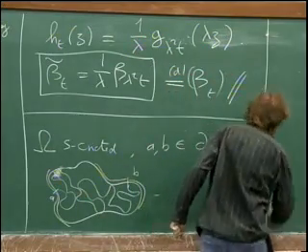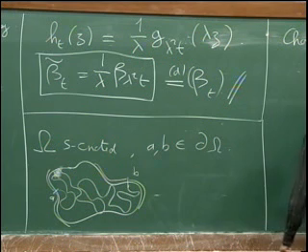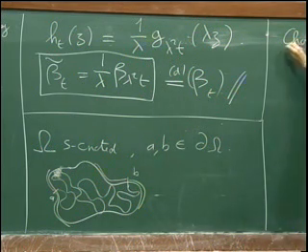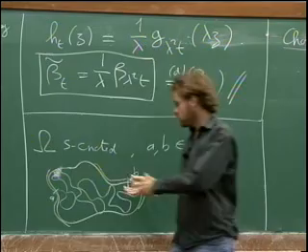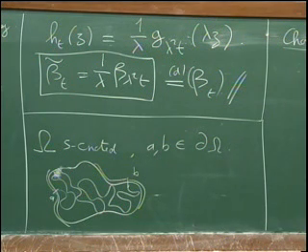So how to define chordal SLE in omega from A to B? So you are given omega, which is the domain here, and you want to define a process indexed by time living inside this domain and with a natural time parameter.